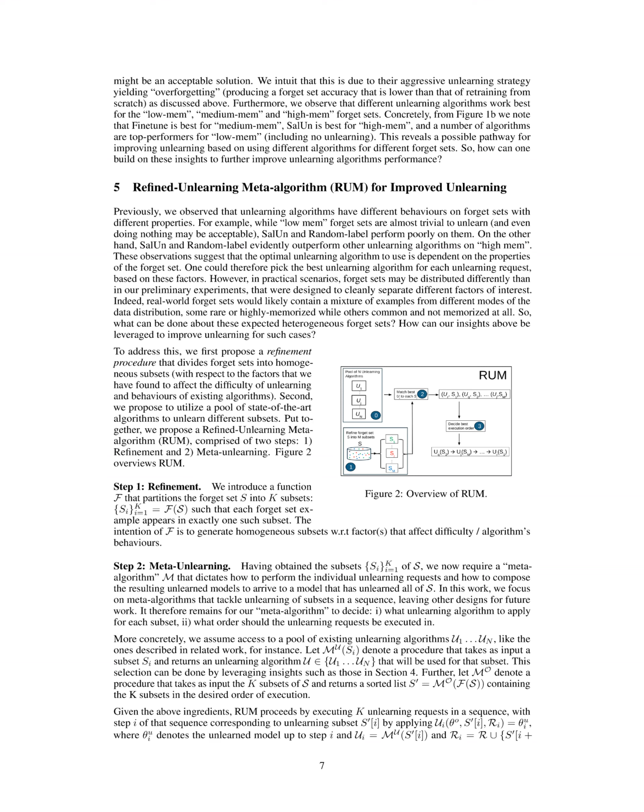RUM offers a refined procedure that divides forget sets into homogeneous subsets based on factors like the degree of memorization, making unlearning more effective. By sequentially unlearning these subsets using a pool of existing unlearning algorithms, RUM optimizes the unlearning process for each subset, leading to improved overall unlearning performance.